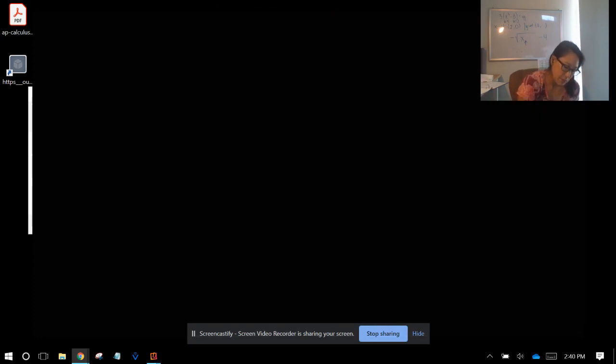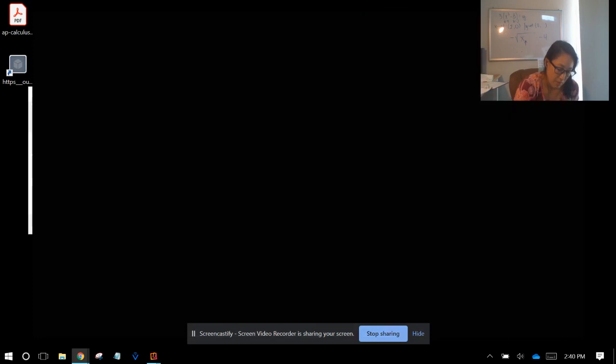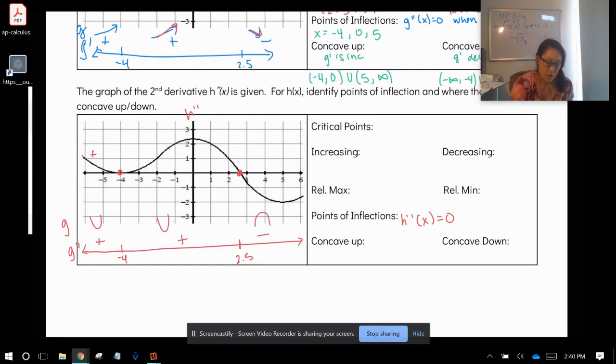So what this tells me about the graph of g is that the graph is concave up and concave down. So our points of inflection would be when x is equal to 2.5 only.